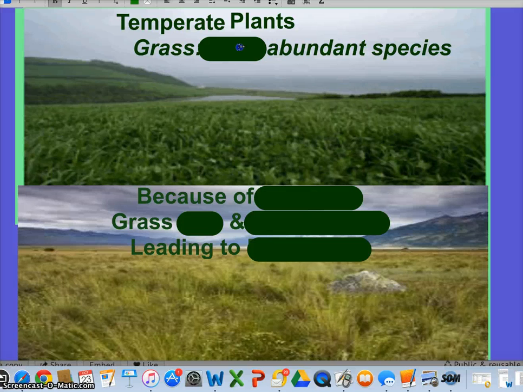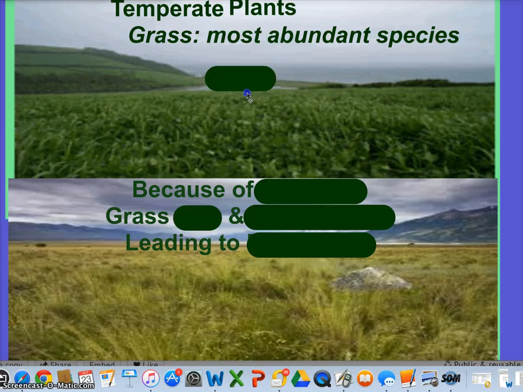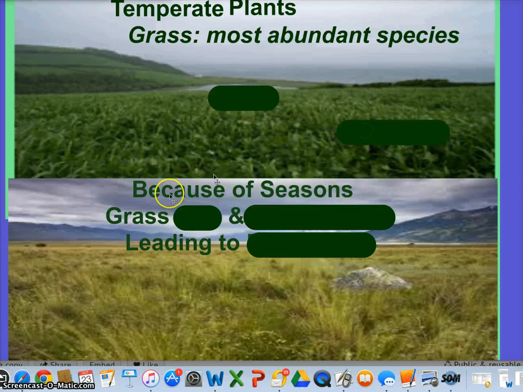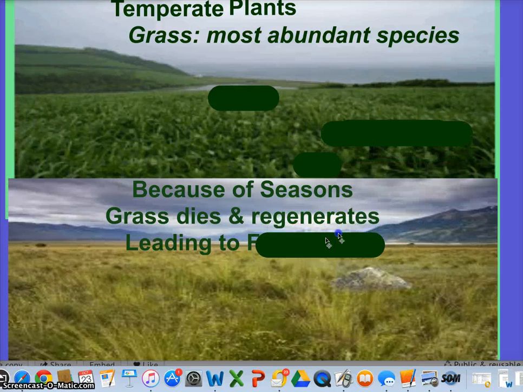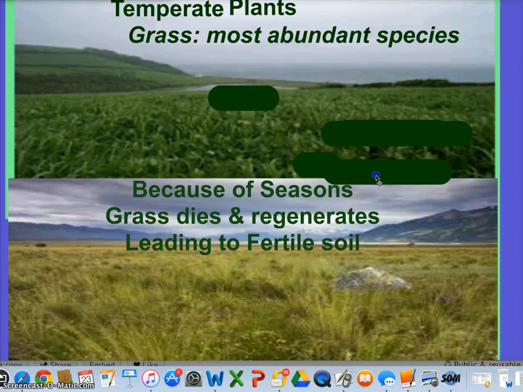If we divide plants, those of the temperate grasslands are obviously grass. And because of seasons, the grass dies, and then what happens? It regenerates the soil, leading to fertile soil.